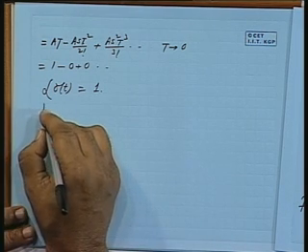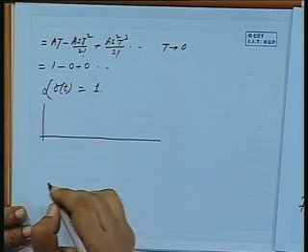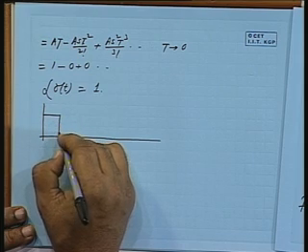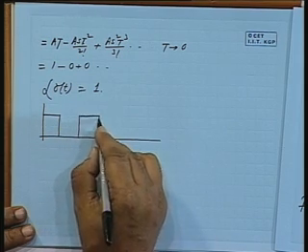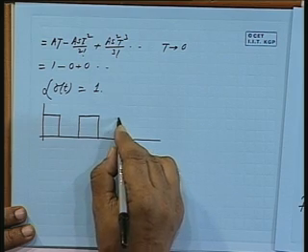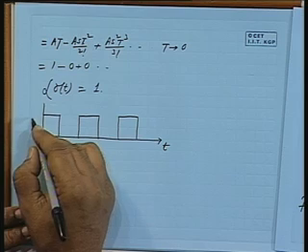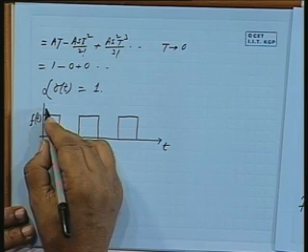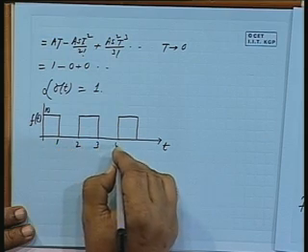What would be the Laplace transform of a periodic function? So, let us take a periodic function like this and so on. This is of magnitude 10, and this is 1, 2, 3, 4 and so on.